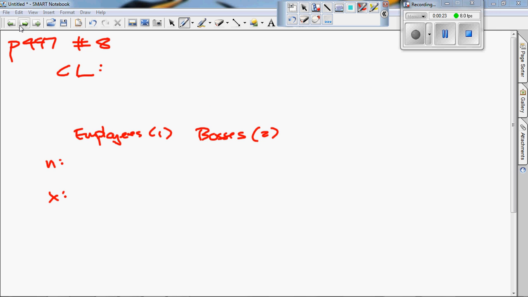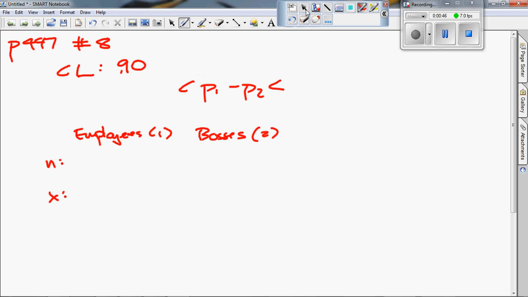We're supposed to refer to exercise 7, and we want to construct the 90% confidence interval. Confidence level we're using is 90%. Estimate of the difference between the two population proportions, so P1, P2.